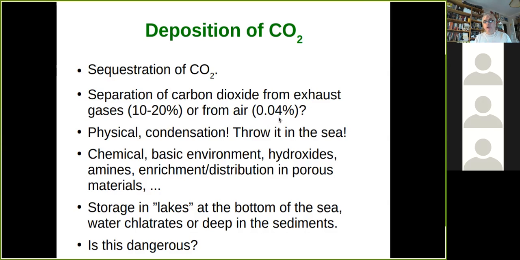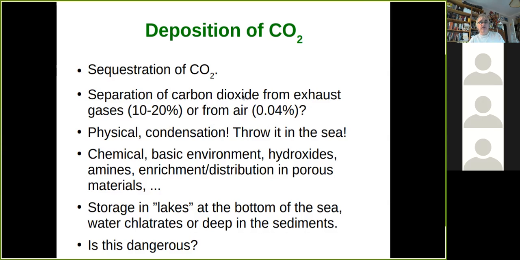So you need to process a lot of air, and with a very effective process. And they are on their way of actually finding really working processes. But I'm not sure.